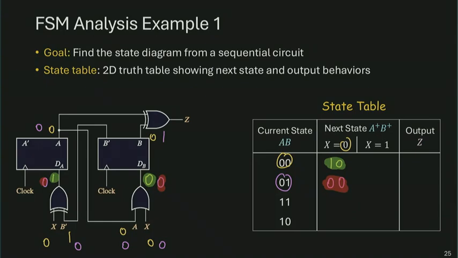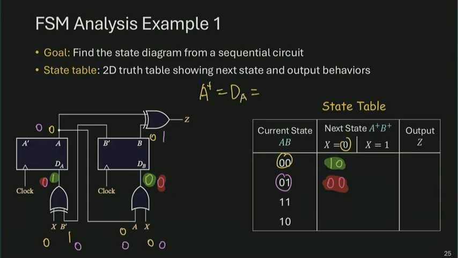And in general, you can also analyze a circuit based on its Boolean expressions. So I'll also try the second method. For a D flip-flop, Q plus equals D. That is the characteristic equation for a D flip-flop, which means whatever you have at the D input will be your next state. In this case, the next state for A, which is A plus, is essentially equal to dA.